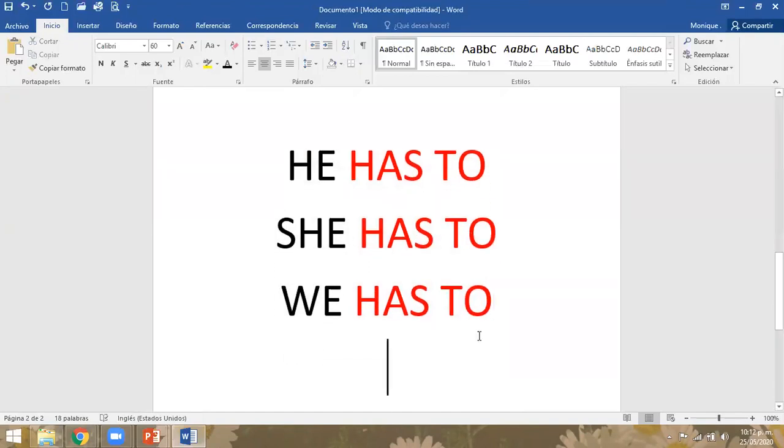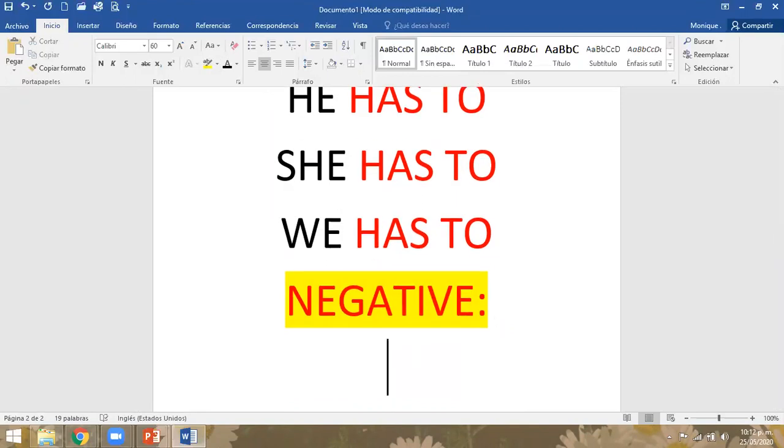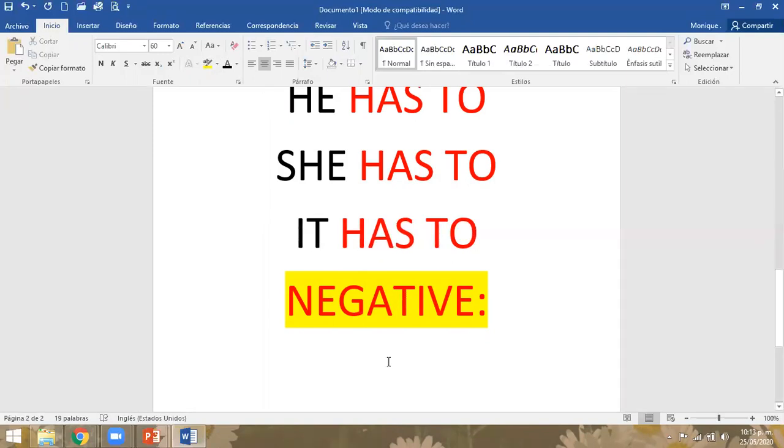But if we have a negative sentence, remember, in a negative way, we are going to be using the auxiliary, right?